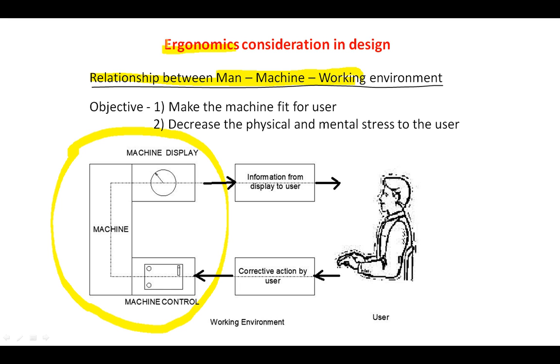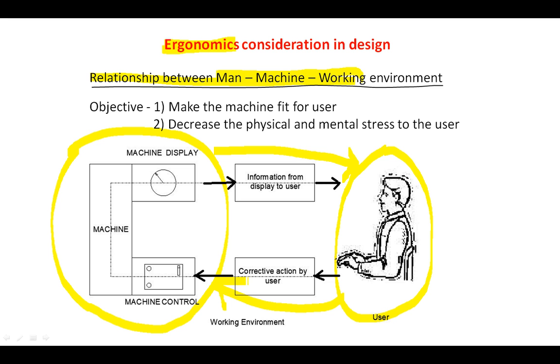But in ergonomics, we consider a machine and a user. This is a user, and the relationship between this machine and user. We are going to consider this, and also we are going to consider a working environment. Why should we consider the working environment? Because the working environment affects the relationship between man and machine.